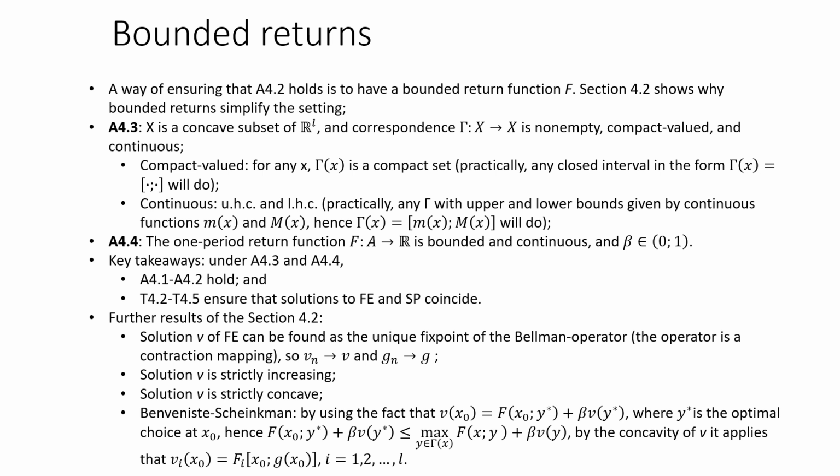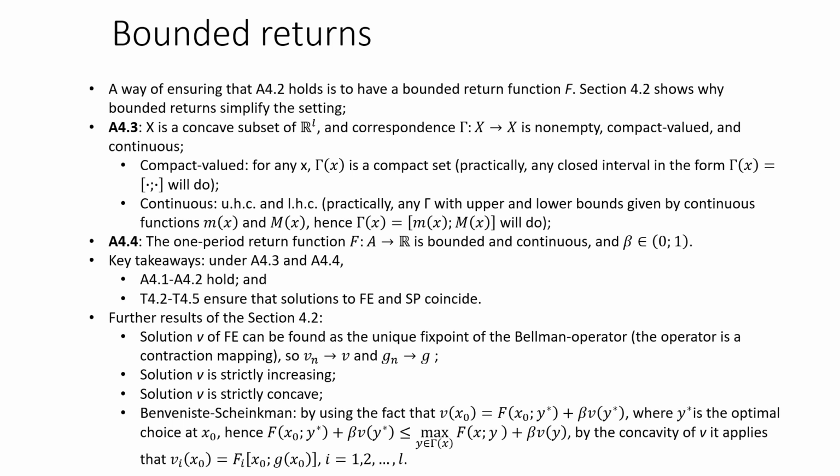First of all, we will have two other assumptions, assumption 4.3 and assumption 4.4. According to the former, the state space is a concave subset of the L-dimensional Euclidean space, and we have a correspondence gamma which is non-empty, compact valued, and continuous.